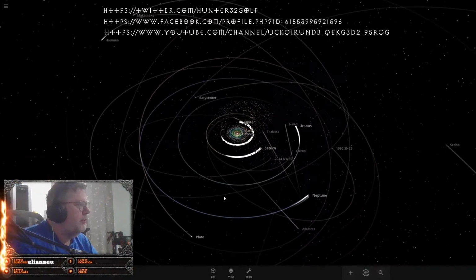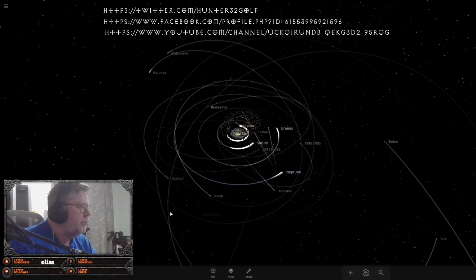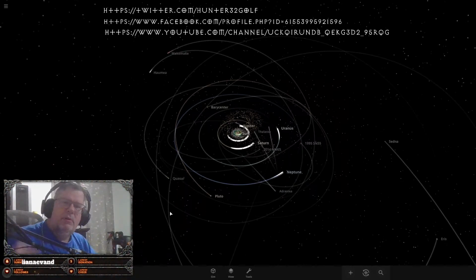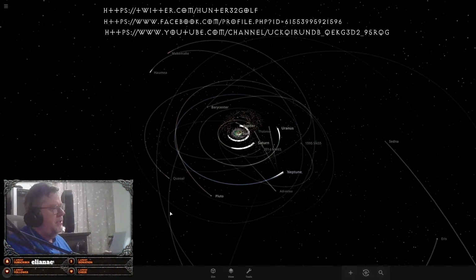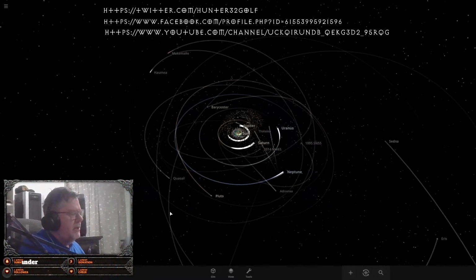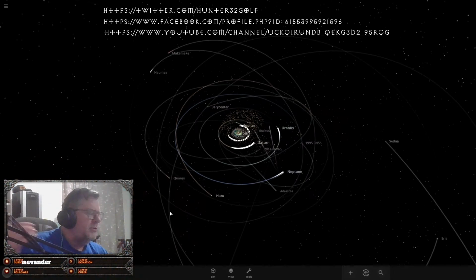Now, the Kuiper belt starts at roughly 30 astronomical units and extends to 50 astronomical units. And it's very similar to the inner asteroid belt. The difference is the inner asteroid belt is made of rock and iron, and the Kuiper belt is mostly ice. There's some rocks and stuff, but it's mostly ice.